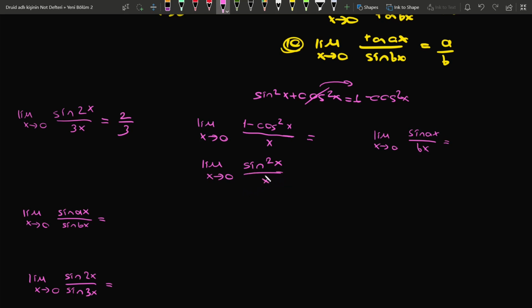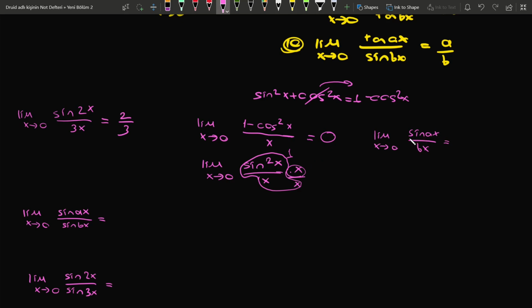But what I'm missing is that this is not x squared. Therefore, I'm going to multiply every side with x. Now I'm going to have x over x. This is going to give me the x squared that I need. Therefore, I'm going to get 1 from here, and this is going to be 0. Therefore, this is going to be 0.